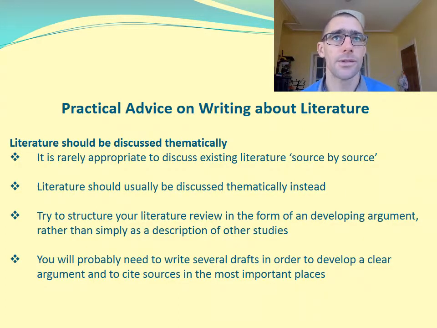So rather than going source by source, and perhaps in a fairly chronological way, year by year or decade by decade, you organize it into subsections based on your themes. That helps you to structure your literature review in the form of developing an argument based on the key concepts, the recurring ideas that are present in the literature you reviewed, rather than simply describing a long list of other studies.